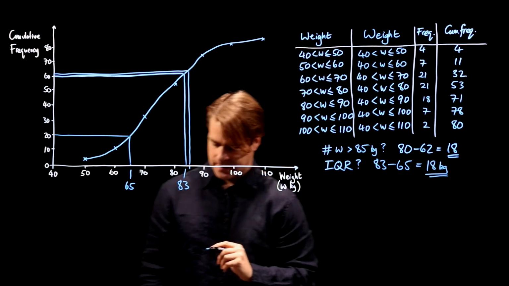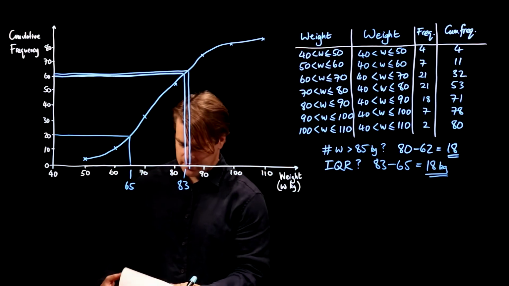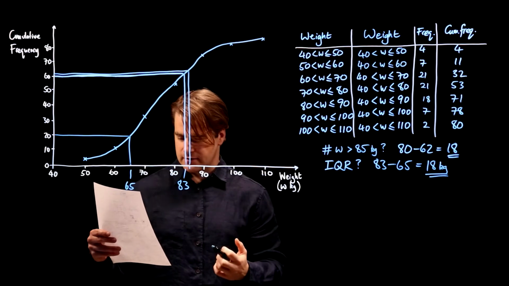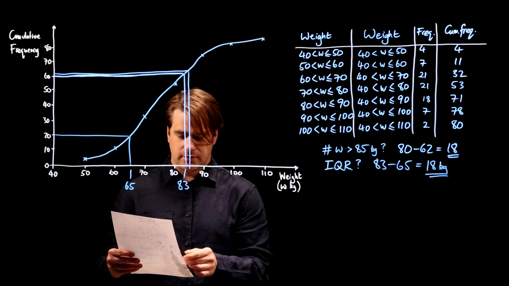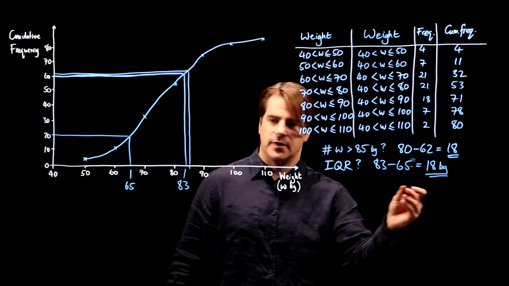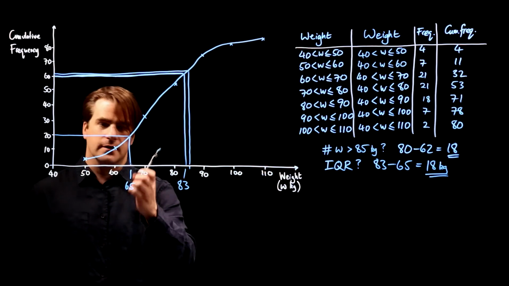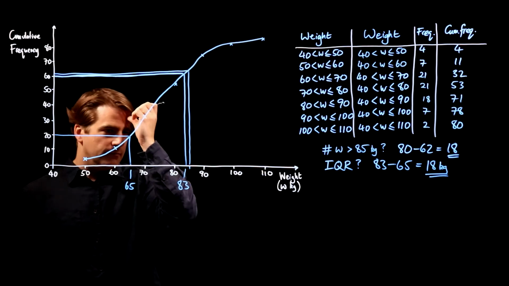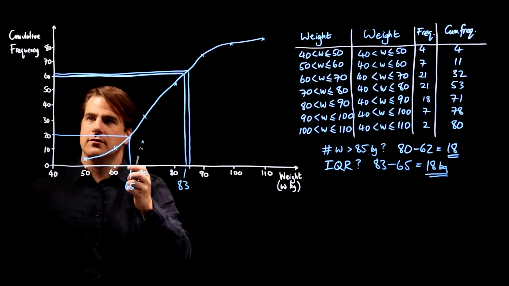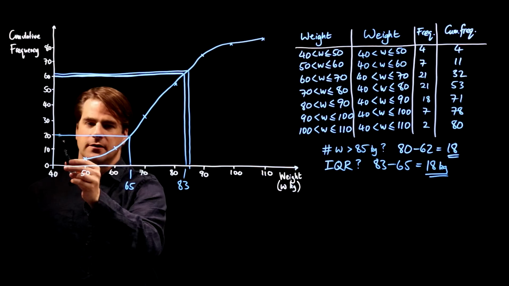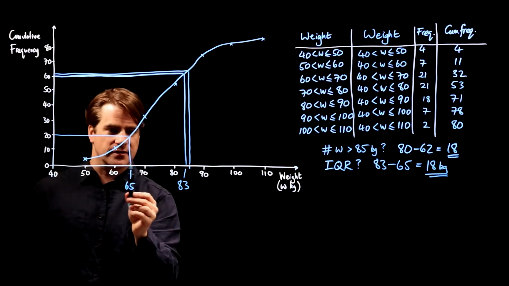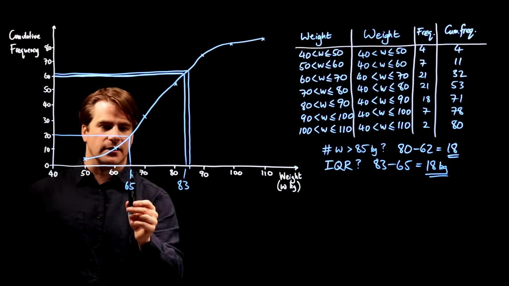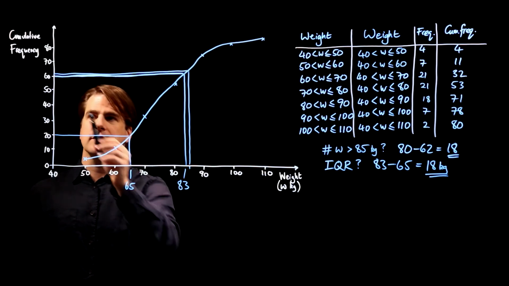Okay. Now, looking at what the examiners say on the answer sheet, they allowed anything between 18 and 22, because again, there's going to be a slight difference in your graph, and you might have a slightly different value. Well, you're going to have exactly 20 there, but you might have a slightly different value here because your line is slightly different, and here.